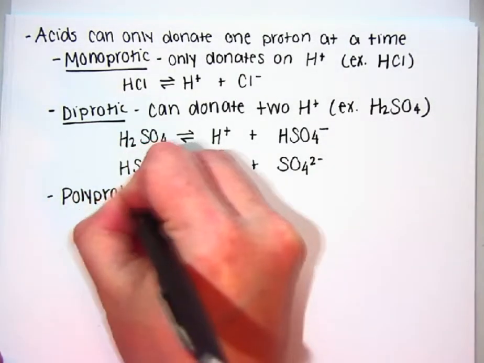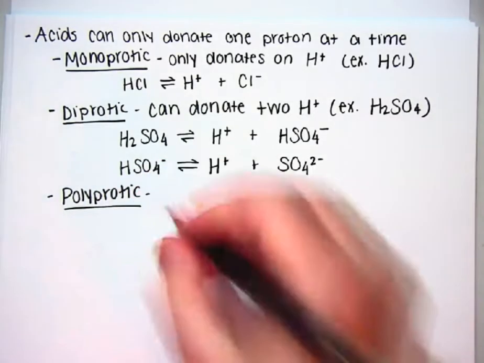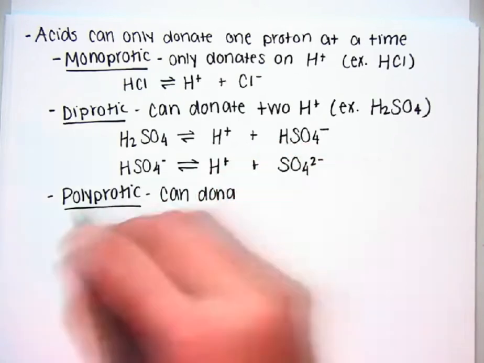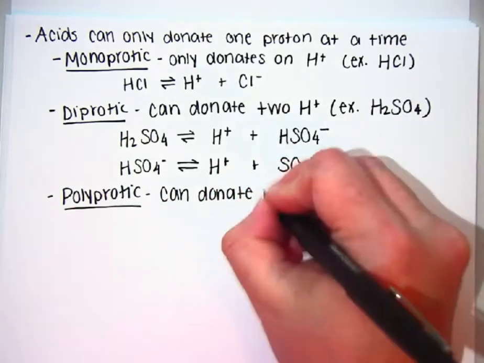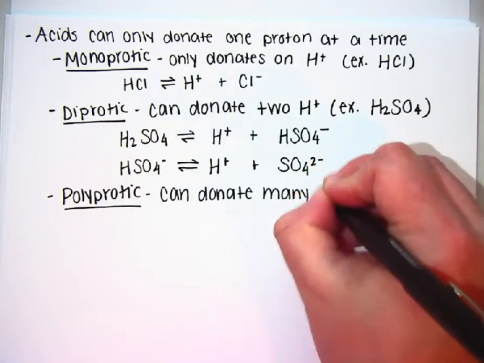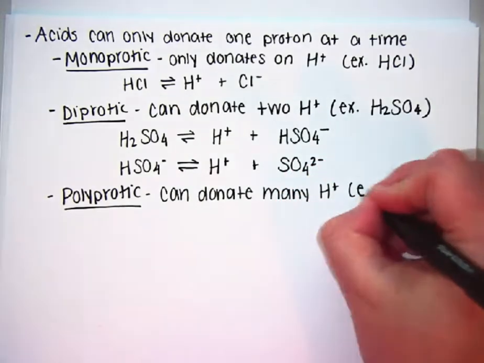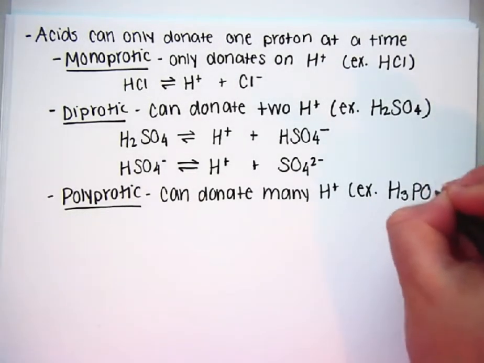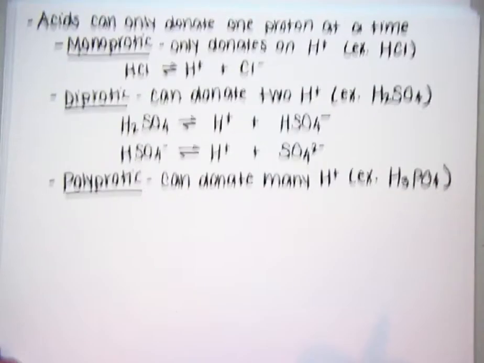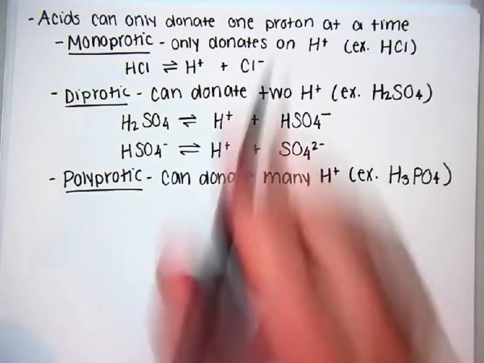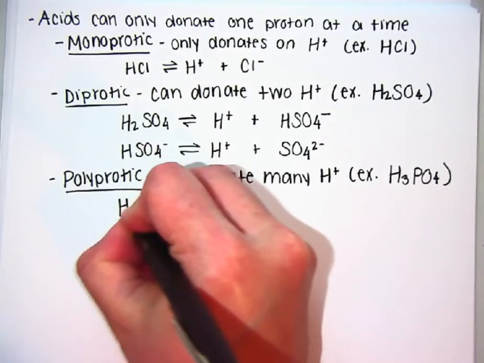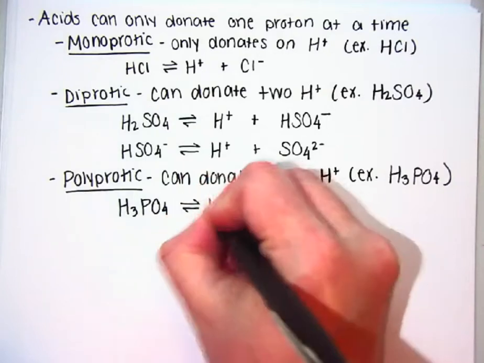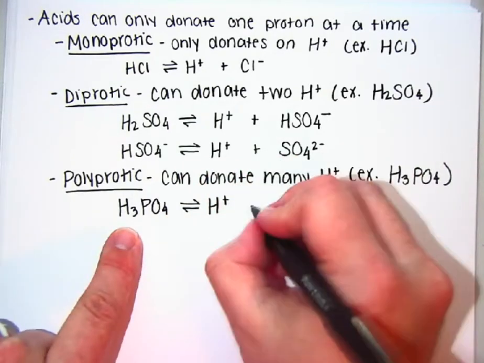We could also have a polyprotic acid. Poly means many. Protic for proton. So we can donate many protons. We could also call this a triprotic acid. Again, even though there's 3 protons, we can only donate 1 at a time. If I pull off 1 proton, I lose a positive charge.